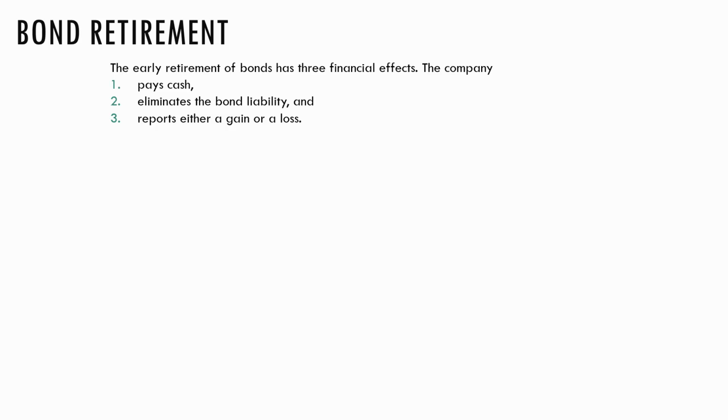So if we have an early retirement of bonds, we're going to pay cash, whatever we need to do to get rid of the bonds. We're going to take off the bond liability, and any difference will be either a gain or a loss. And as I said before, you need to remove any premiums or any discounts associated with that bond when you do this.